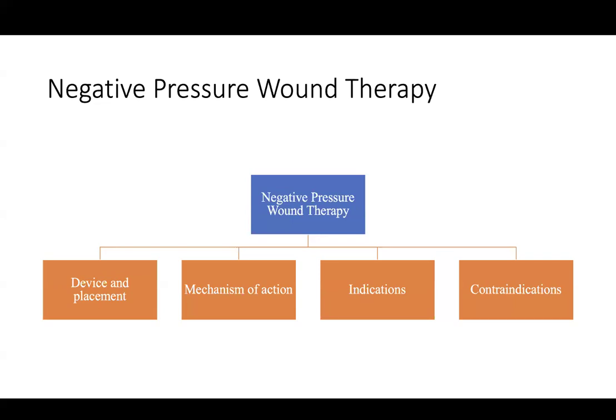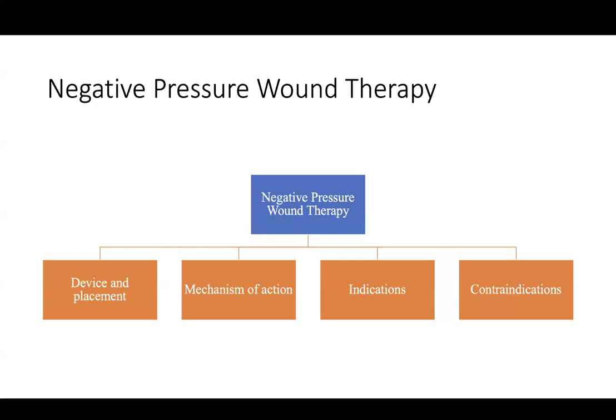The indications include following surgical debridement in case of necrotizing infection, pressure ulcers, or diabetic foot ulcers as well. It can also be used in an open abdomen, in orthopedic cases, and even in reconstructive surgeries post burns and skin graft.